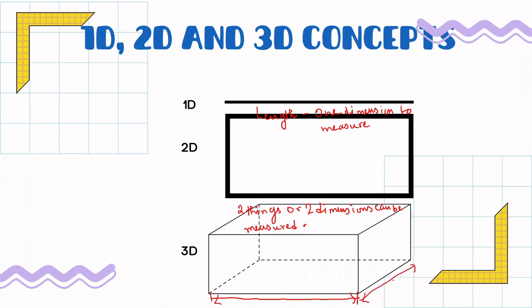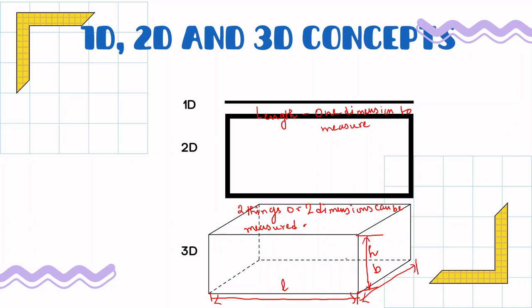Let's write the length as L, breadth as b, and this is the height. So we can measure three things here: length, breadth and height. So this is a 3D object.